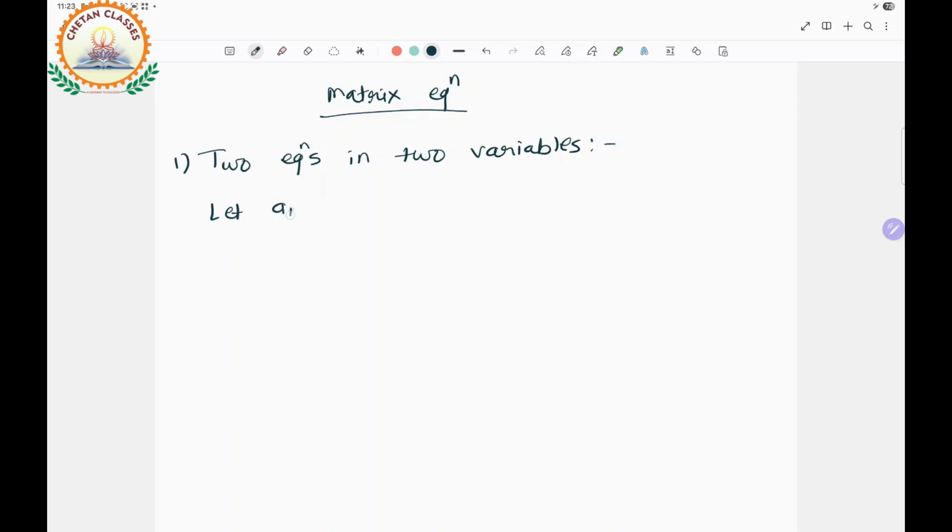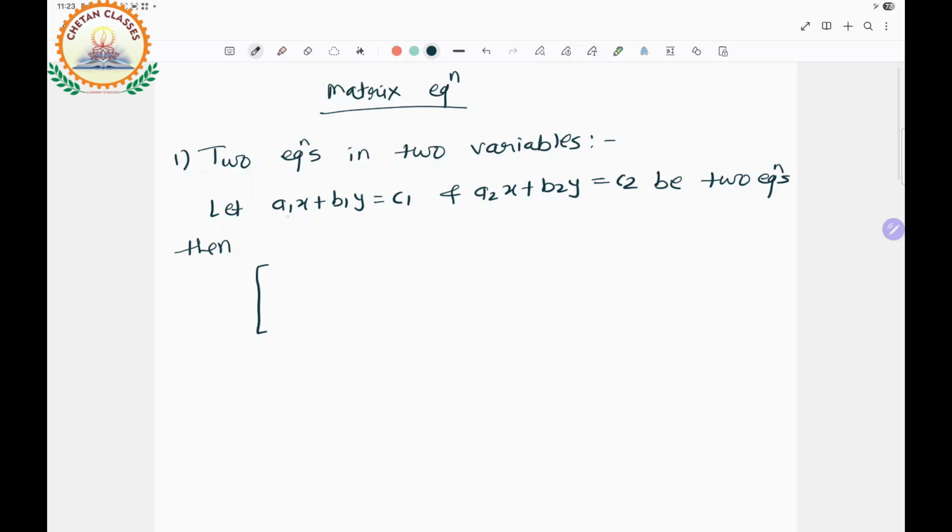Let a1x plus b1y is equal to c1 and a2x plus b2y is equal to c2 be two equations. Then write it in AX is equal to B form. For A, write the coefficient of x in the first equation, that is a1, and the coefficient of y in the first equation, that is b1.